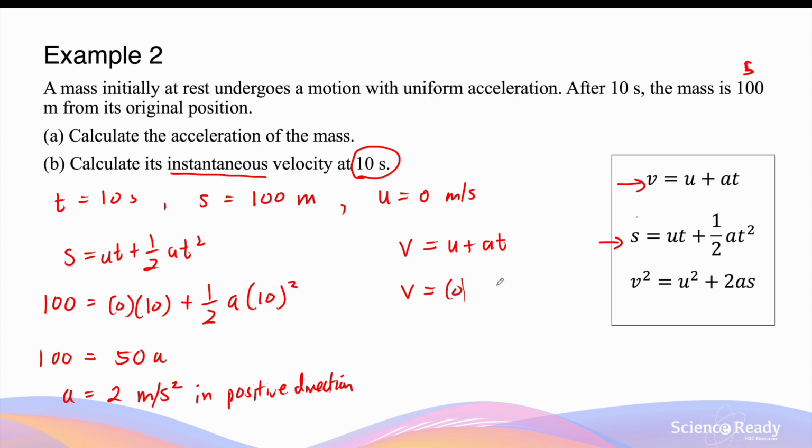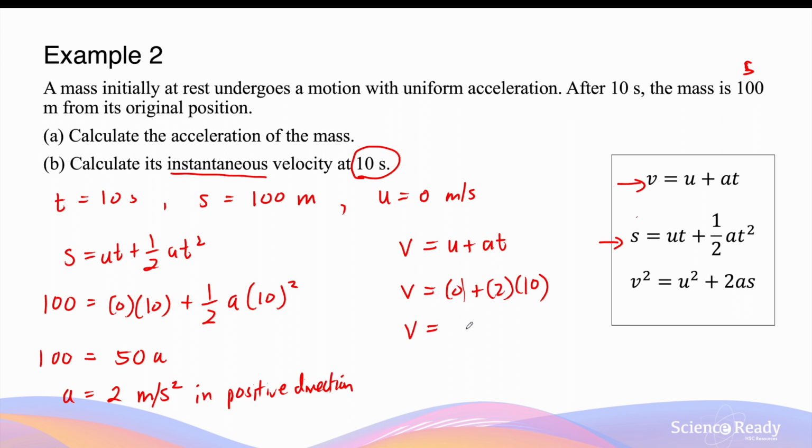U here is 0 meters per second plus the acceleration, which is 2 meters per second squared. And the time here we put is what the question is asking for. So if I put 10 seconds here into time, the final velocity v that I calculate is the instantaneous velocity at 10 seconds. If you want to find it at any other time, all you need to do is substitute a different number into the time here.